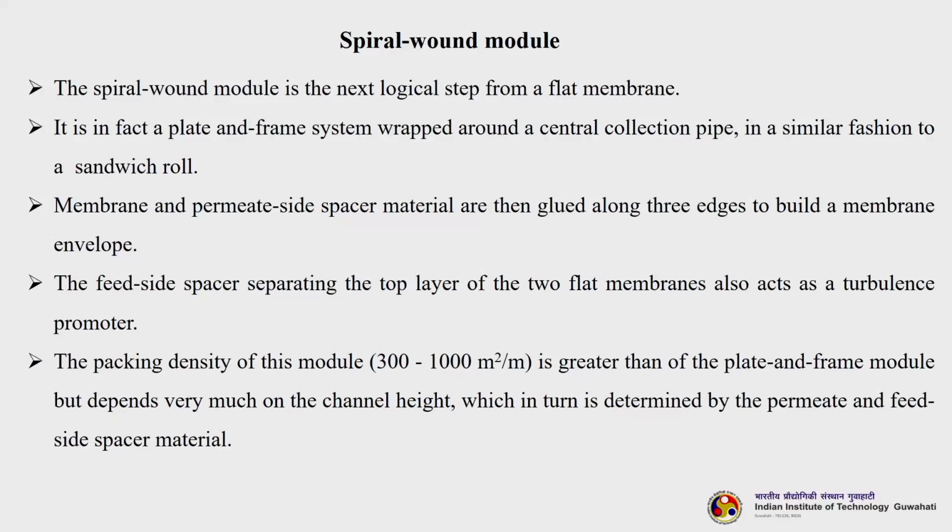Spacers are basically screens or meshes, maybe of stainless steel or other metals and alloys. The packing density is greater than that of the plate and frame module. It is higher than that of the tangential flow systems, but depends very much on the channel height, which in turn is determined by the permeate and feed side spacer material.